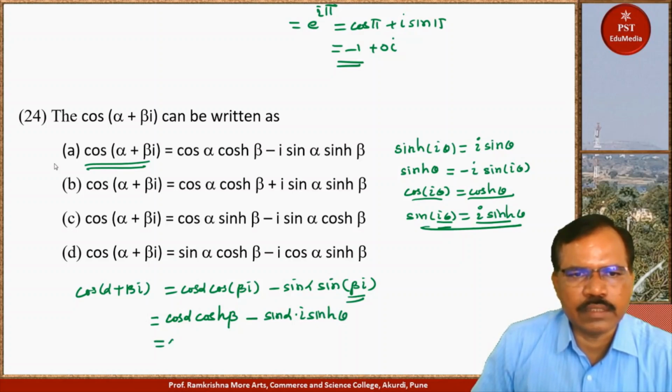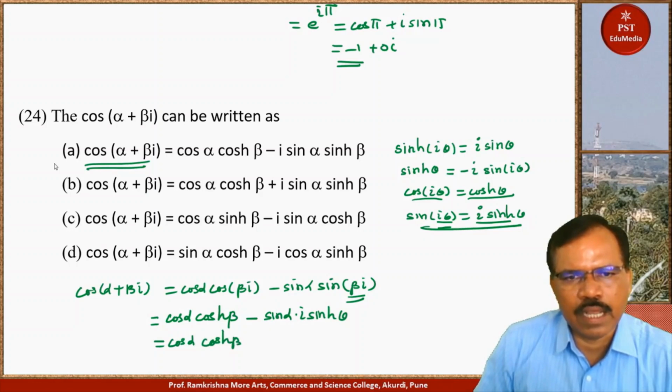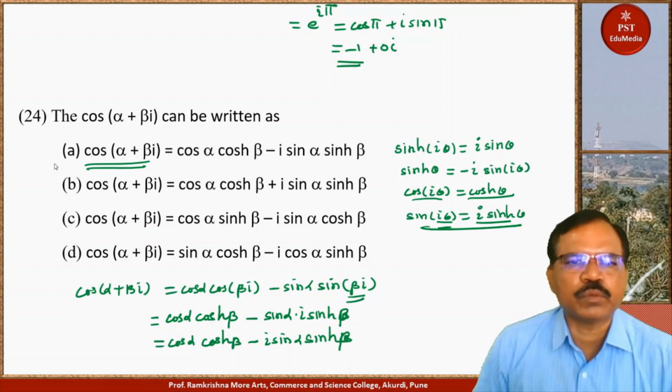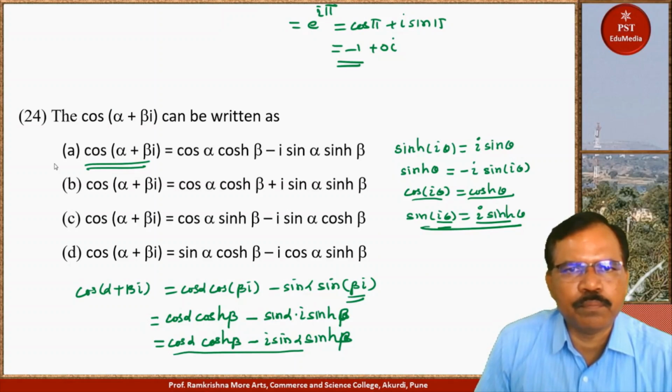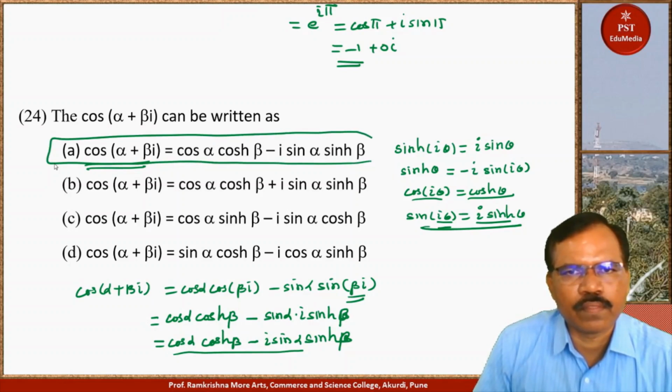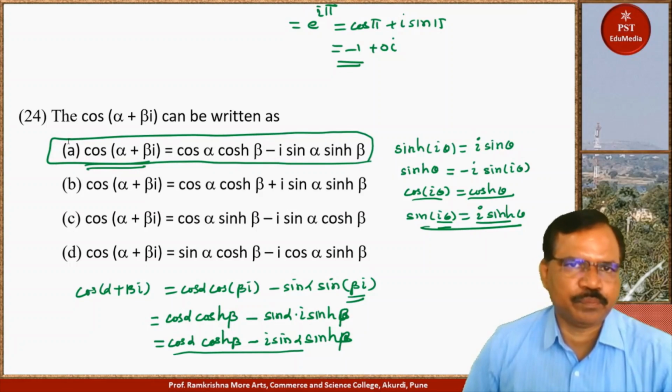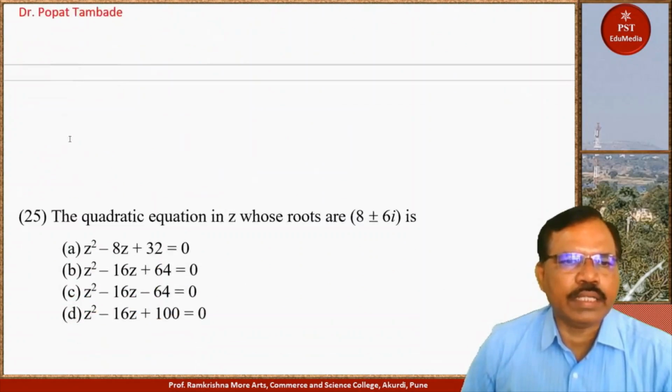So we get this as cos alpha cos hyperbolic beta minus i times sin alpha sin hyperbolic beta. So if we check this, we'll get the first one is correct. So this is the correct one. Now let us go to the next one.